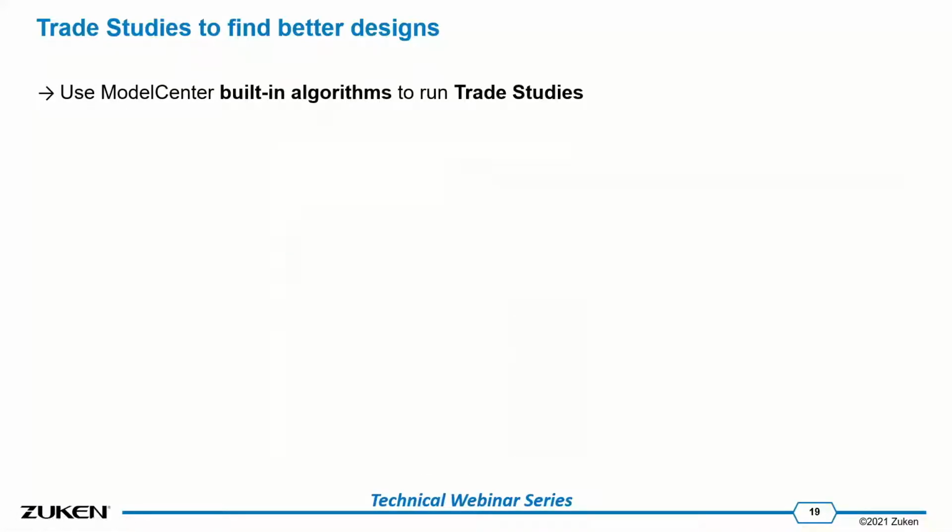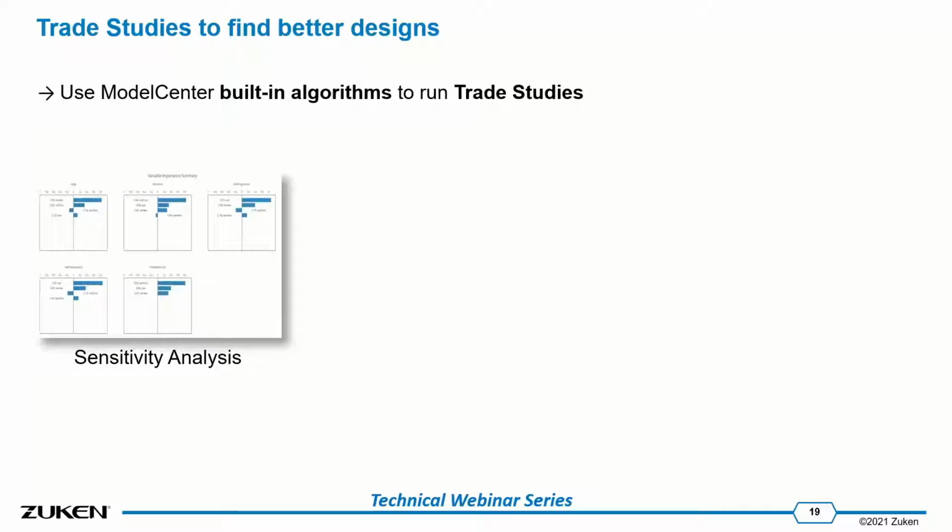In Model Center, you have access to a set of powerful algorithms, best-in-class algorithms that are going to suit all program configurations, and you will be able to run different trade studies. First, you can run design of experiments to explore your design space, to find cause and effect relationships, to compute sensitivity analysis, for instance.